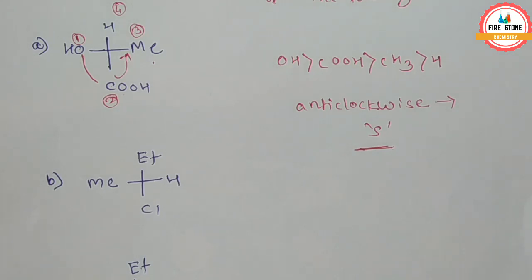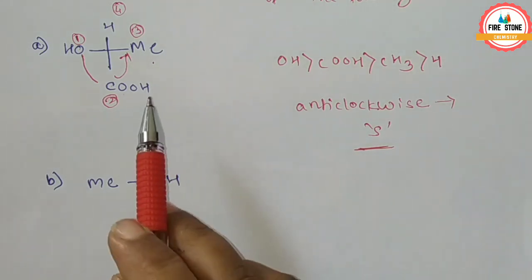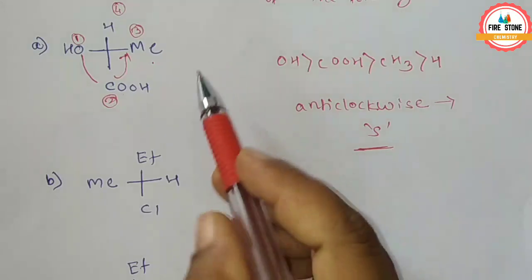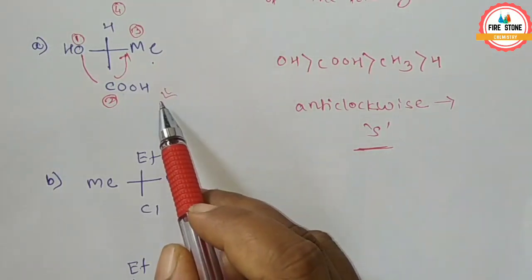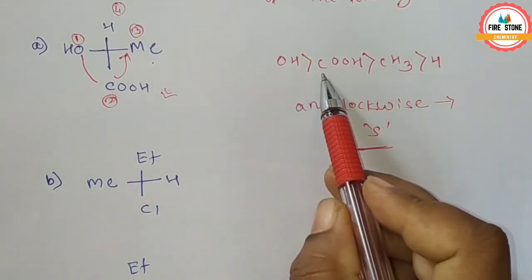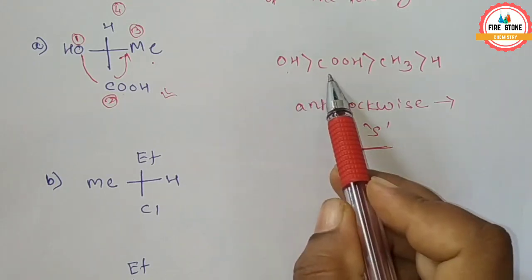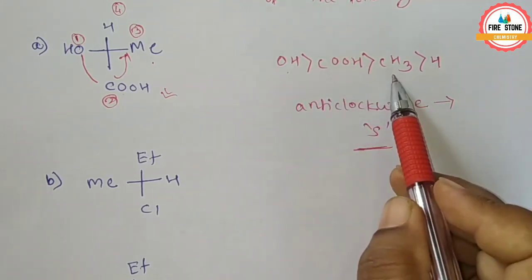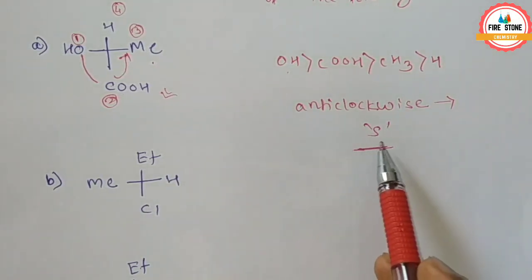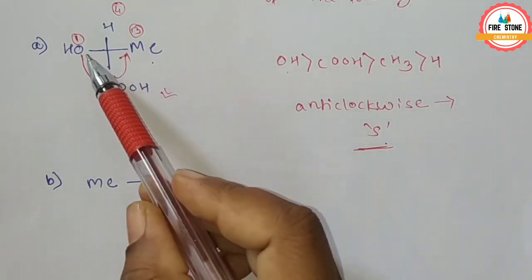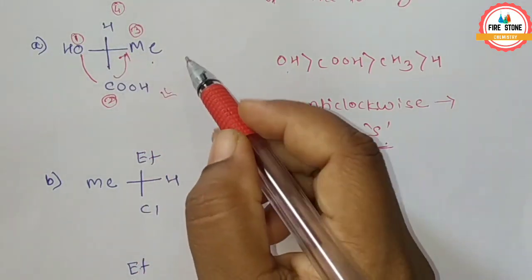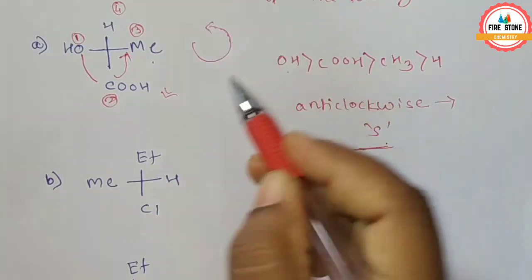Because here we give priority to the group for the numbering. First we have to number the compound, and when we give the numbering we have to check the priority of the group. So OH is greater than COOH, then CH3, then H. So it has the S configuration, because from 1, 2, 3, 4 we have to rotate, that is anti-clockwise direction.